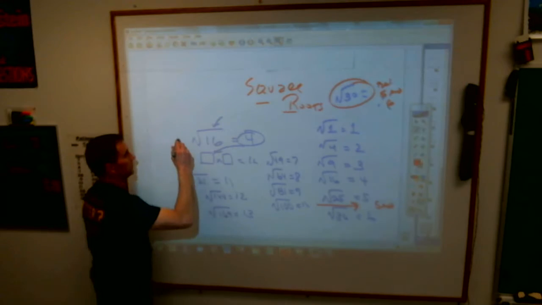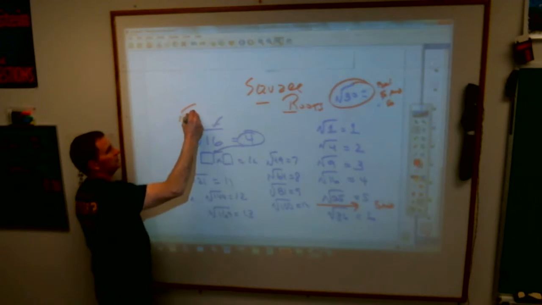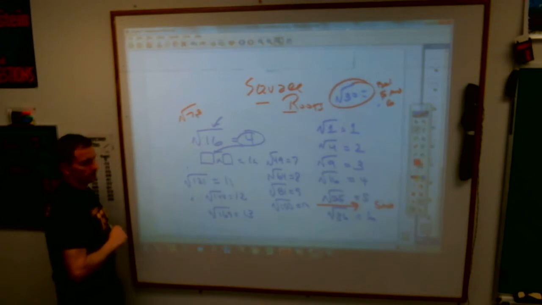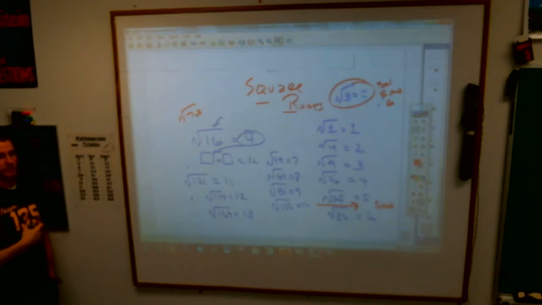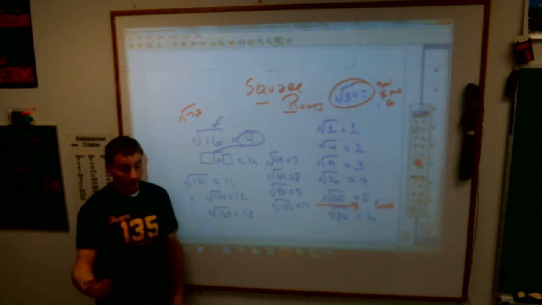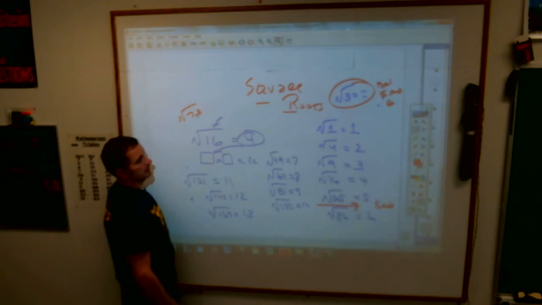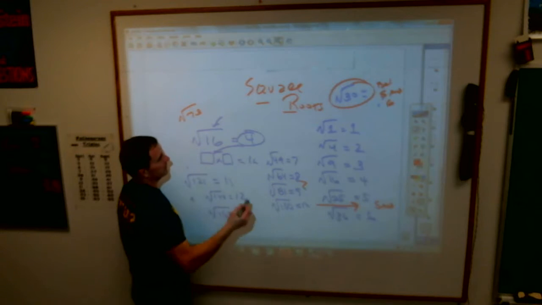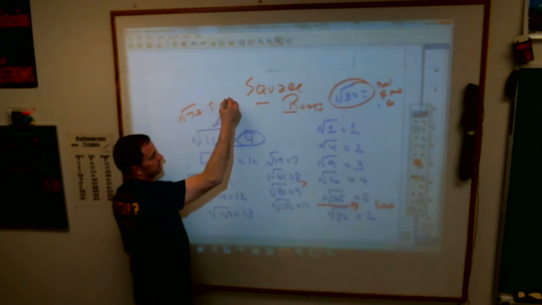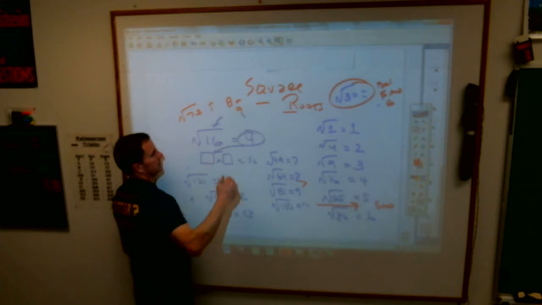Or if I asked you the square root of 73, between what two numbers would it have to fall? Look at your whole list of square roots here. 73 falls between 8 and 9.